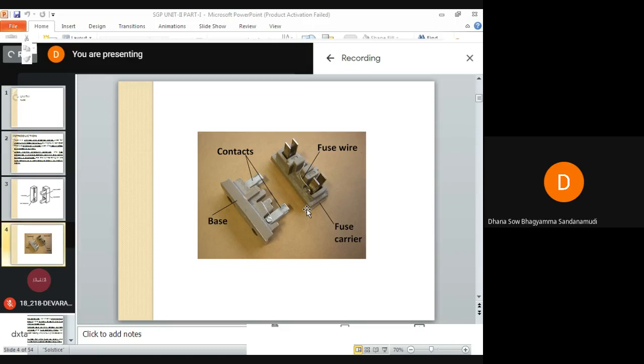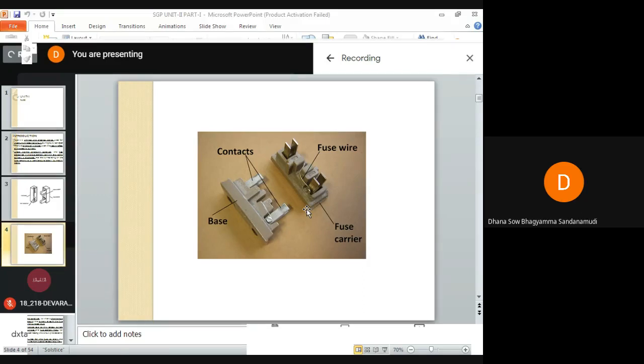So when the normal supply current is flowing through the fuse, the heat developed in the fusing element will be dissipated into the surrounding air, and the fuse remains at a temperature below its melting point. This is the normal operating condition of the fuse.